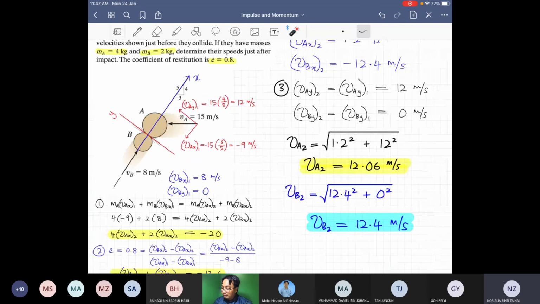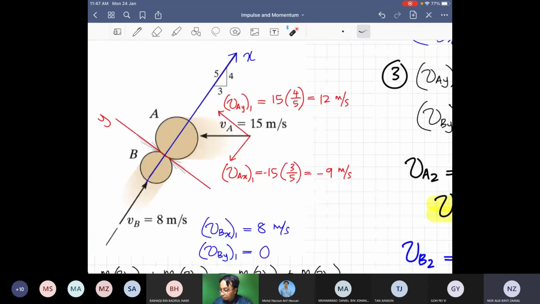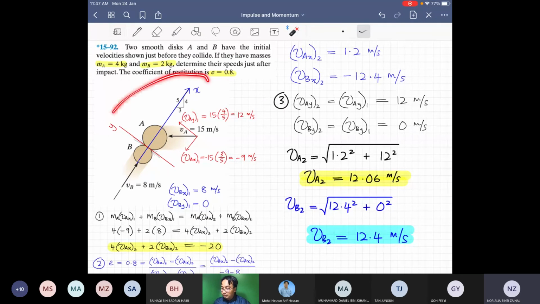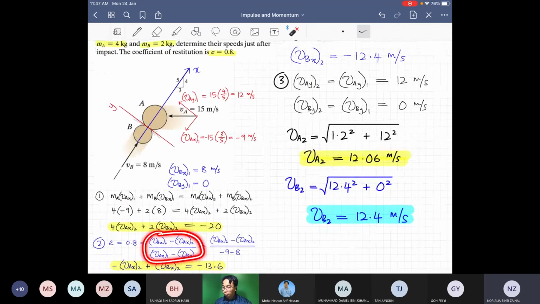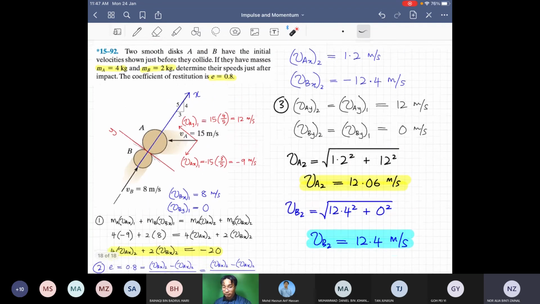Okay, dengan syarat mesti kita define kita punya axis ni macam ni. Okay, the plane of contact ini mesti jadi y-axis, the line of impact ini mesti jadi x-axis. That is the condition yang you perlu buat. So the first step is to do this, to do the axis, and then you use the conservation of momentum of the system, and then the coefficient of restitution, and solve the simultaneous equation.